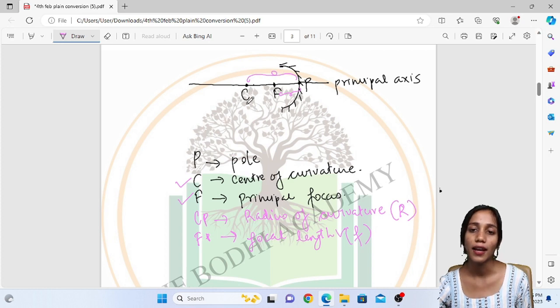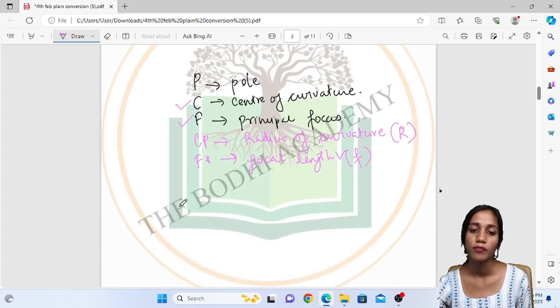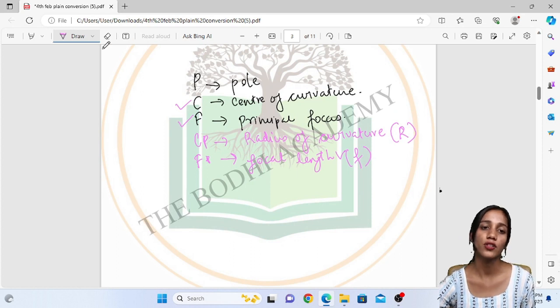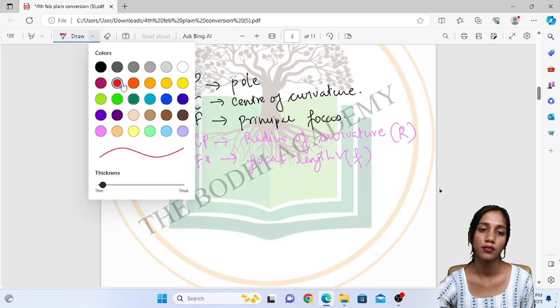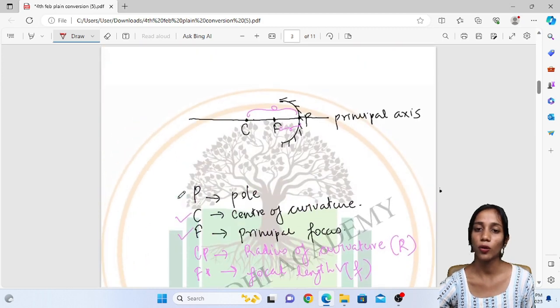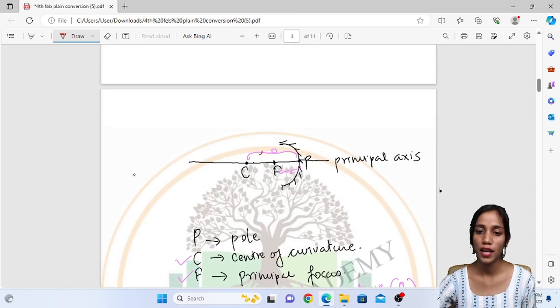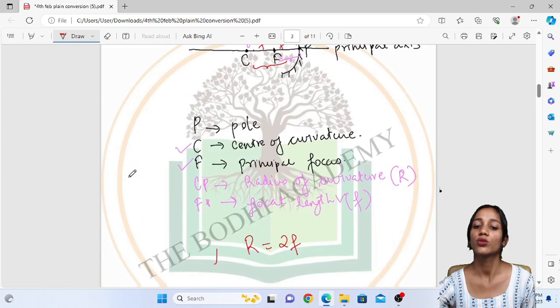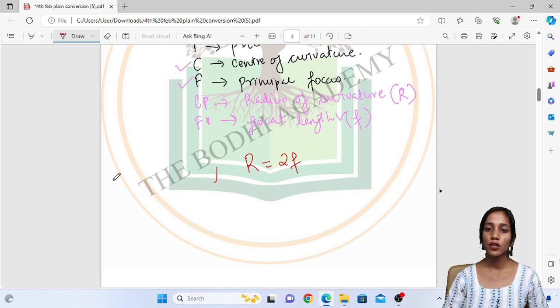So the radius of curvature R is equal to 2 times the focal length. Correct? Because over here it is f and f. f plus f is 2f, which gives you the entire R. So radius of curvature equals twice the focal length.